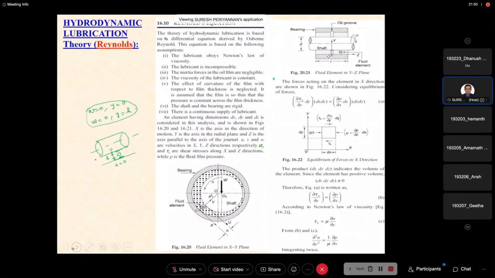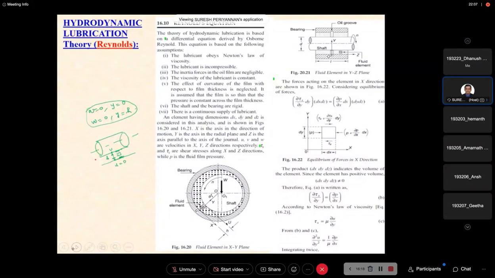Now I come to hydrodynamic lubrication. Earlier we discussed Petroff's equation to define the coefficient of friction, but we didn't discuss hydrodynamic lubrication behavior.